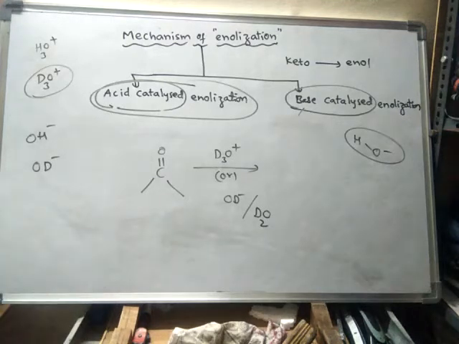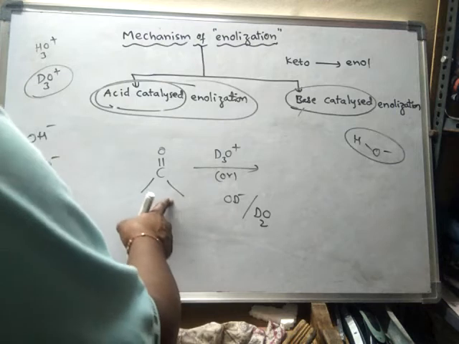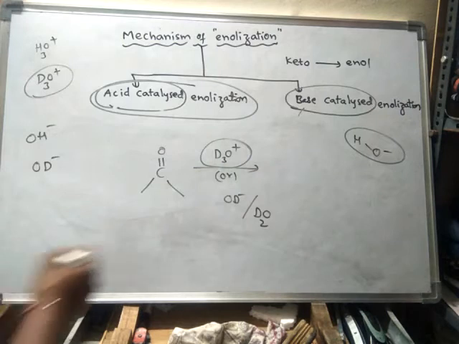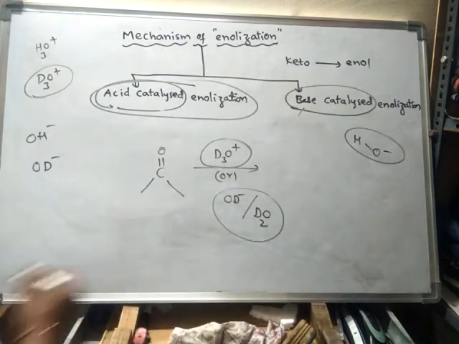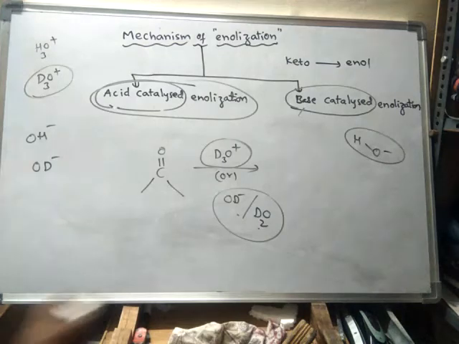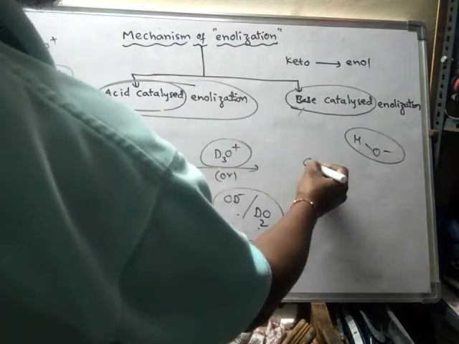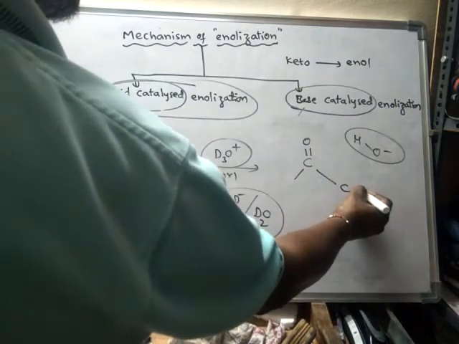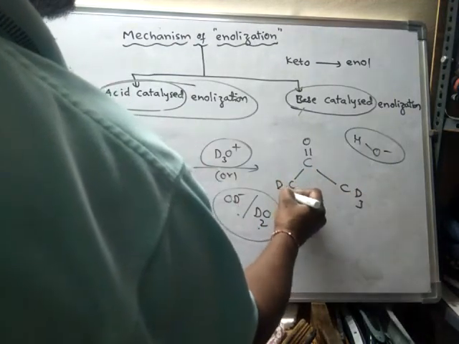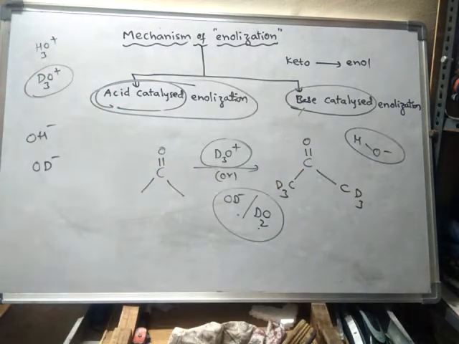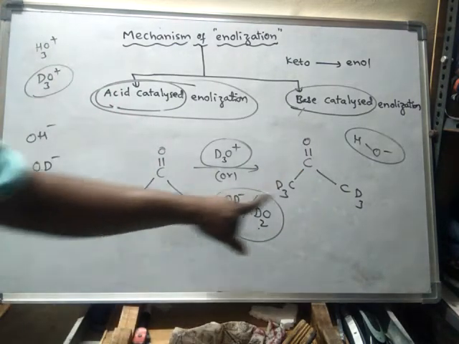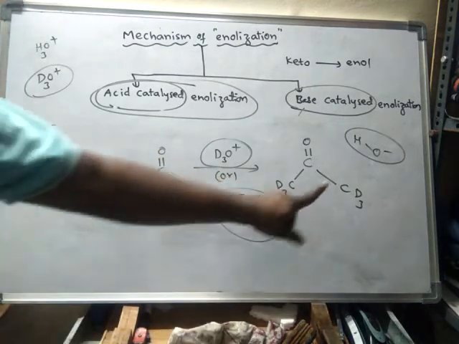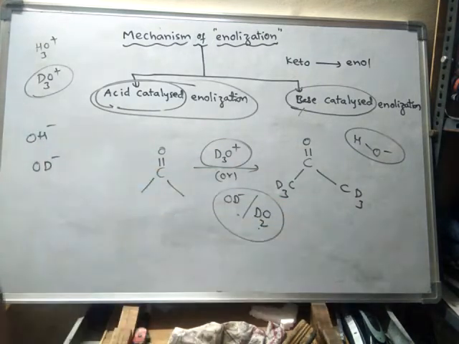So these experiments will prove that when this acid is used, or else this aqueous base is used, finally the keto form will convert into this compound CD3. After some time, the ketone will be this ketone instead of this ketone. So this ketone is converted into this ketone.